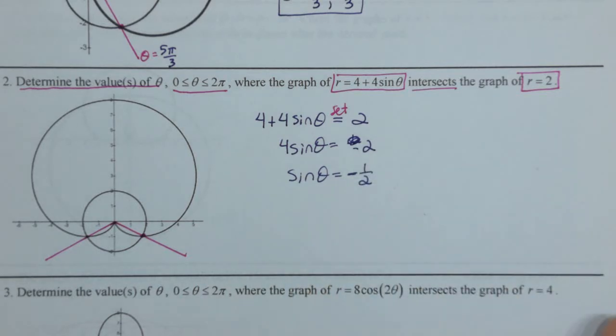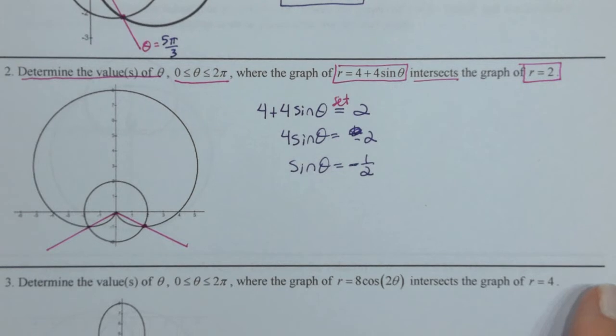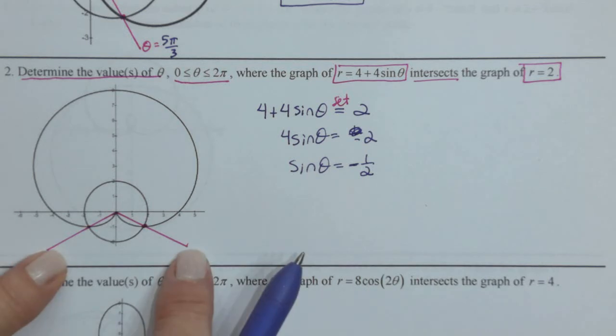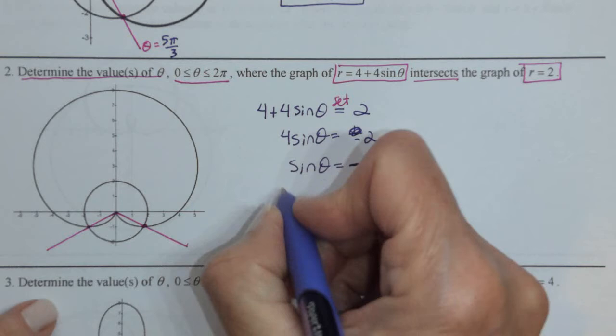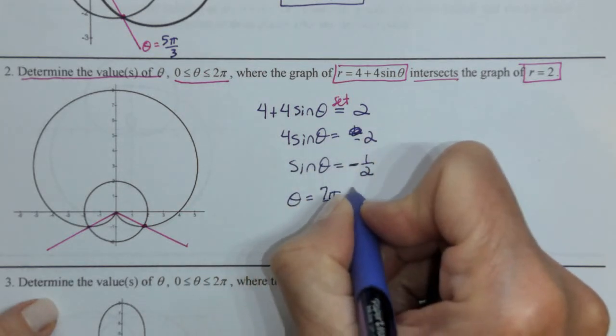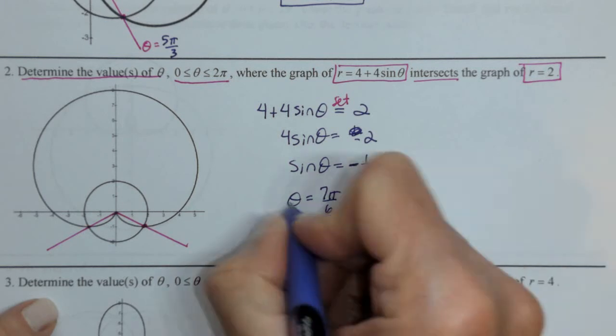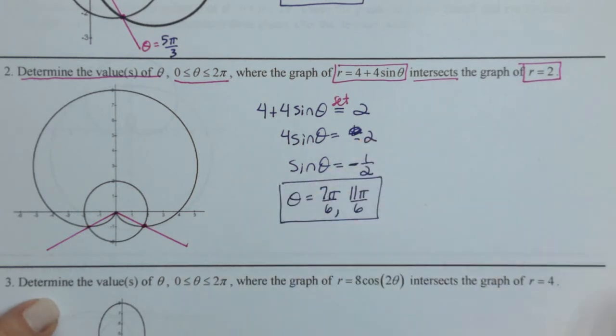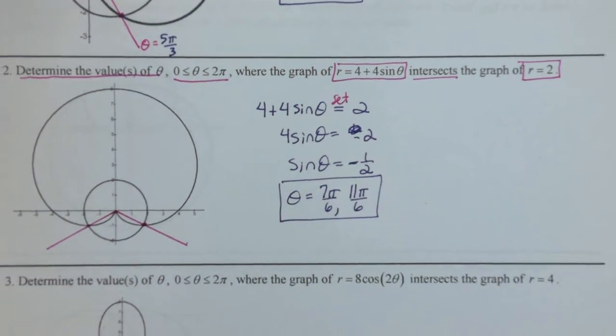Well, if sine of theta is -1/2, I know my reference angle is going to be pi over 6, but I need the pi over 6 angle in quadrant 3 and in quadrant 4. So theta will be 7 pi over 6 and 11 pi over 6. Those are my two theta values. Not bad?